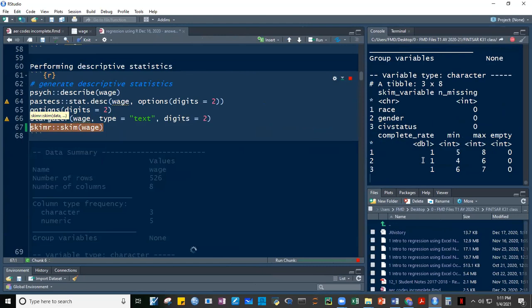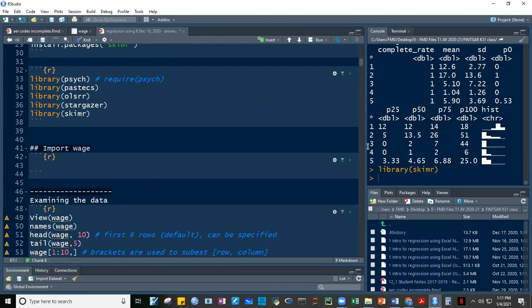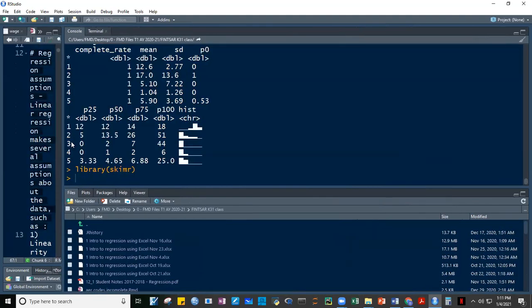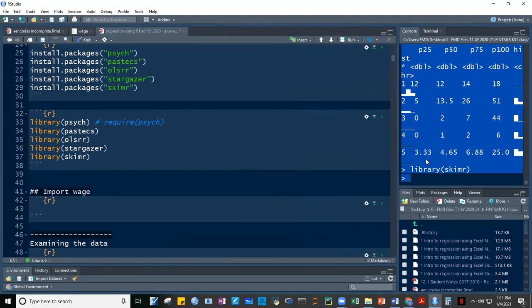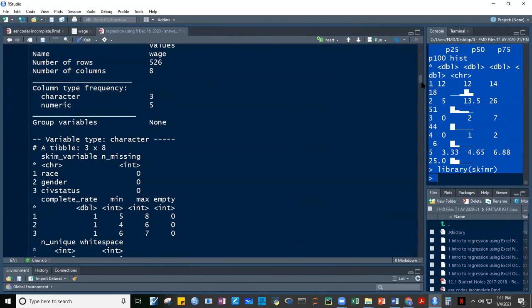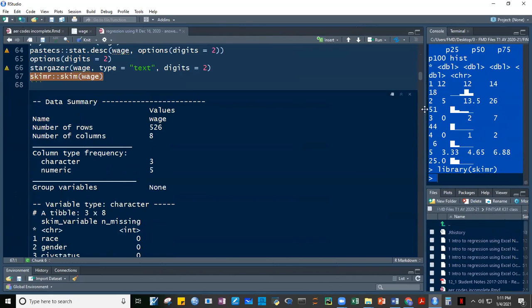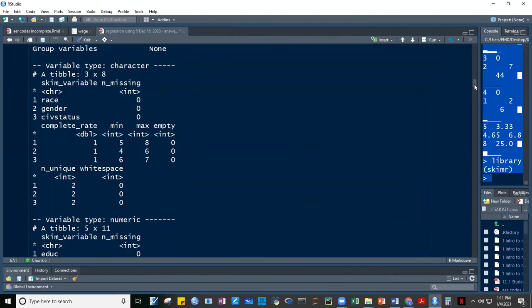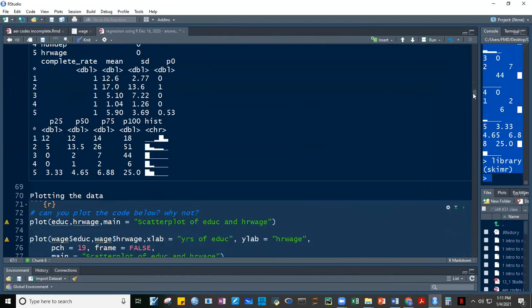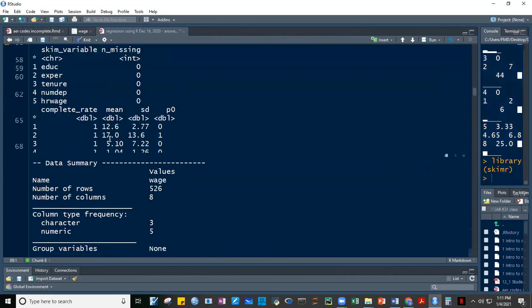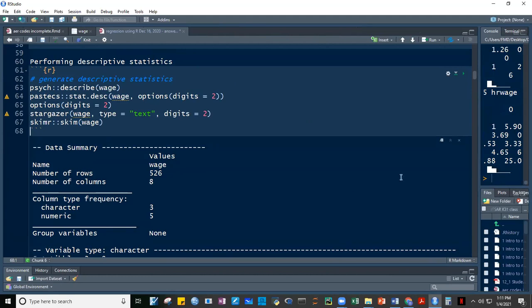Matagal lang. Let me try it one more time. Scheme R. Ito na. It's a bit large, so let me rerun it because it did not fit. It really does not fit in the column.